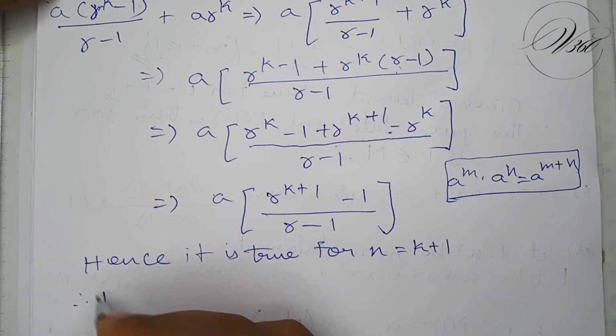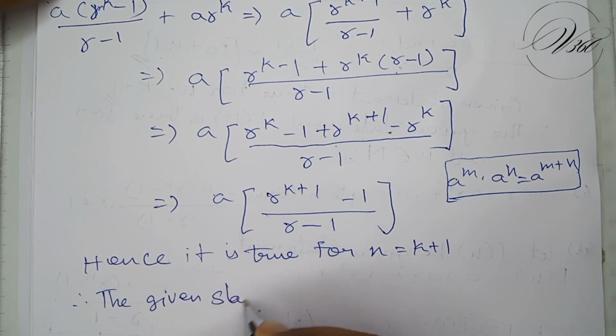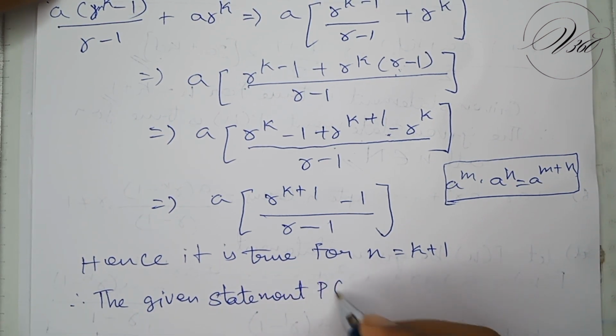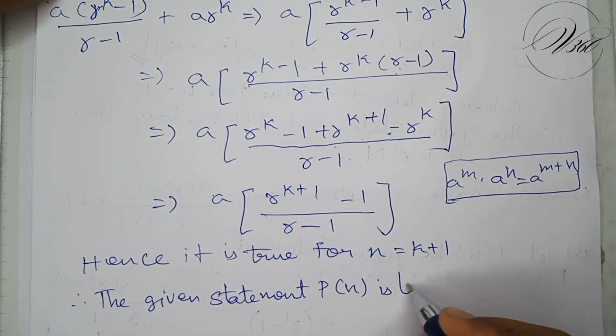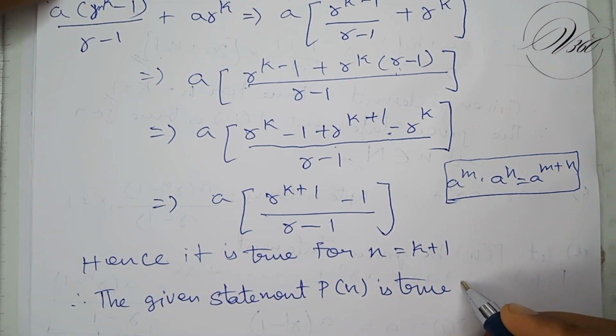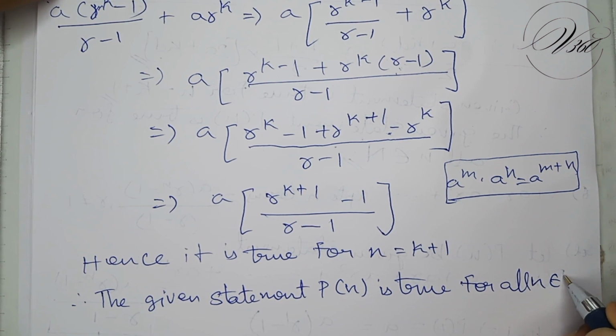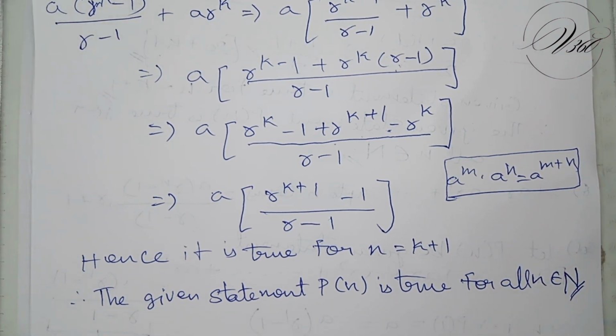Therefore, the given statement P of n is true for all n belonging to natural numbers. So we have completed the sixth problem.